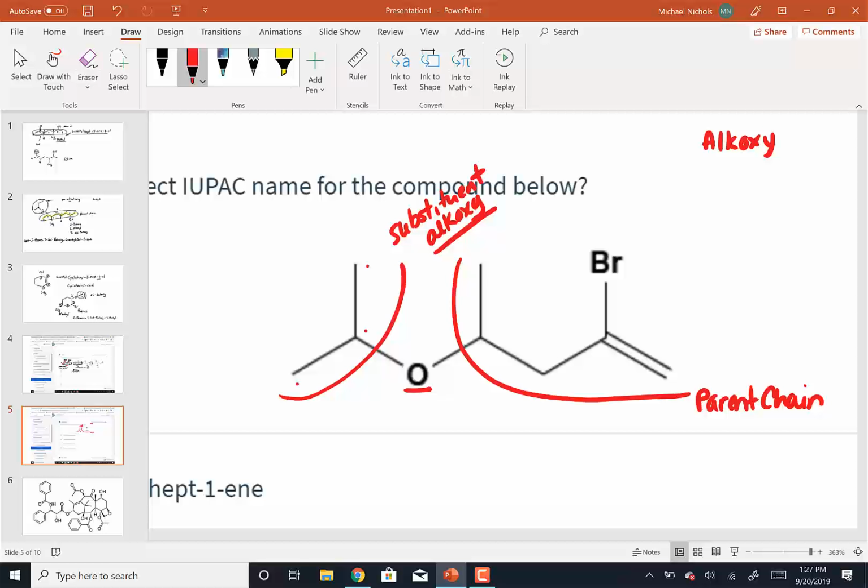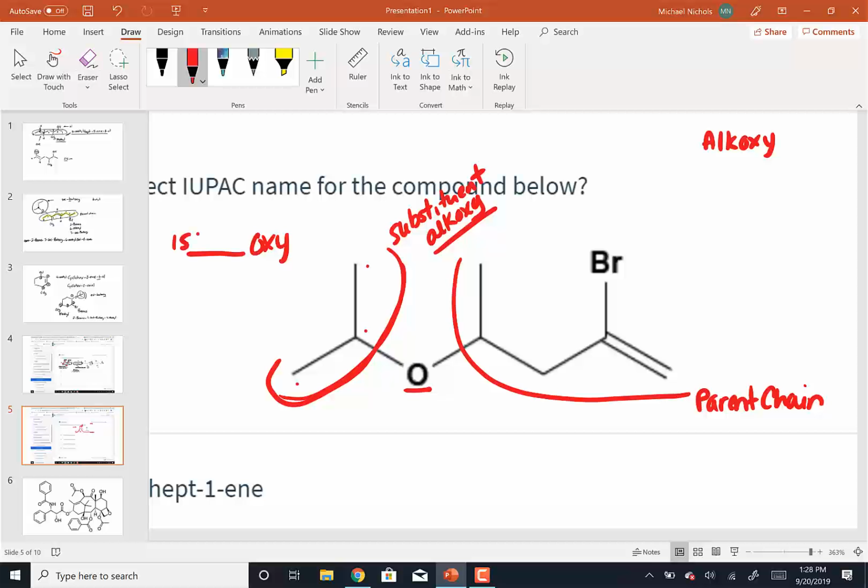Is everybody with me? So then my next question is, the alkoxy group is going to have oxy at the end. And what's going to come before that? The name of the alkyl group that's attached to the O. So what alkyl group is that? It's an isopropyl group, so this is going to become isopropoxy.